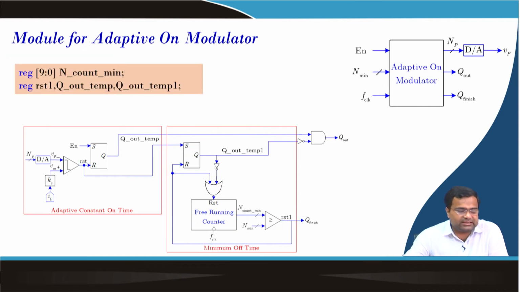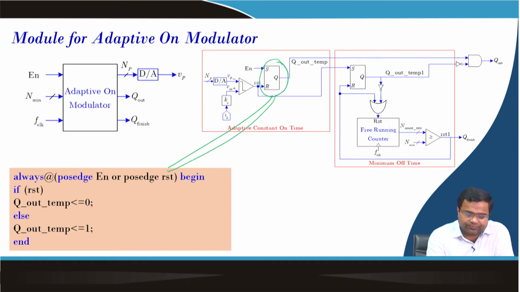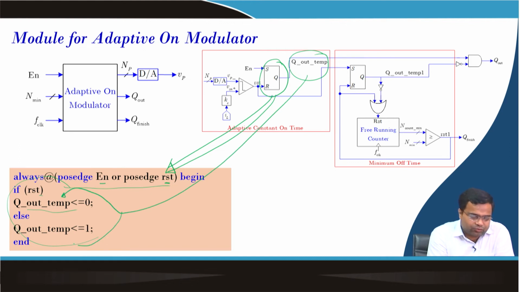Then this register block, if you see, is an always block. It will check at every edge of enable as well as reset, whichever comes, and this whole portion will be executed. It will first check whether reset is high, then the output will be 0. And these are the two outputs.